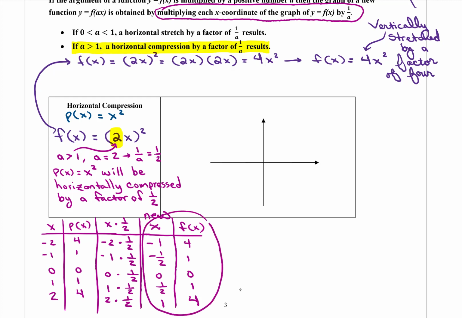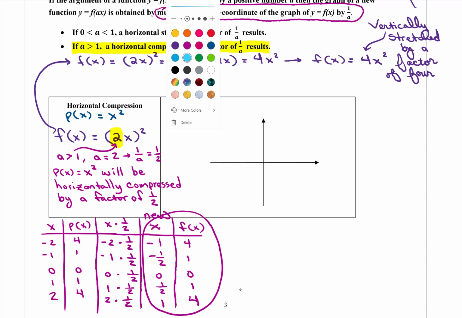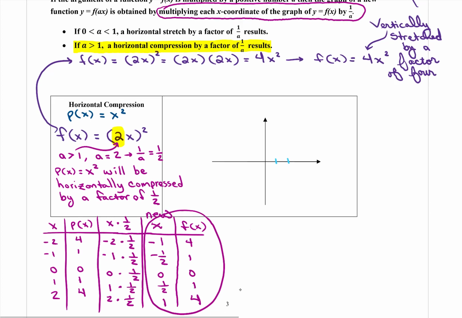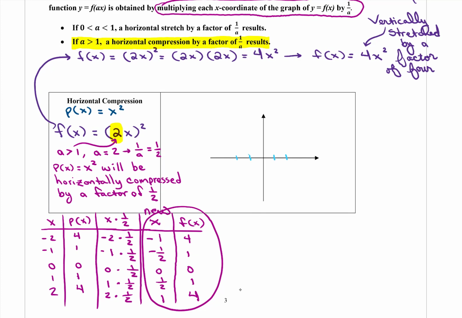Before I plot my f of x, let's go ahead and plot our parent function first so that we can make the comparison with these new ordered pairs that I came up with. So let's use my pretty light blue color here. And remember that our parent graph, the pattern is we start off at the vertex, and from the vertex we go over 1, up 1, over 2, up 4.